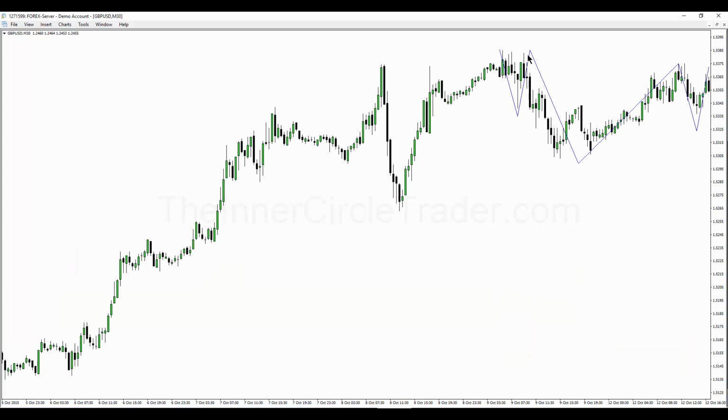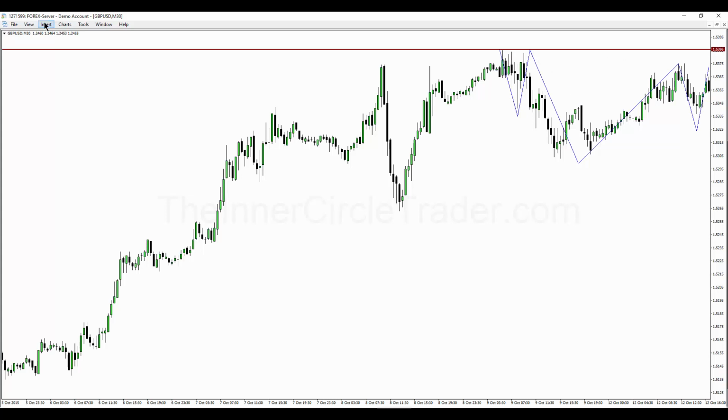We have a low, a lower low, a higher low. This is an inverted head and shoulders pattern. You draw your neckline on the chart. Okay, that's the high up here.